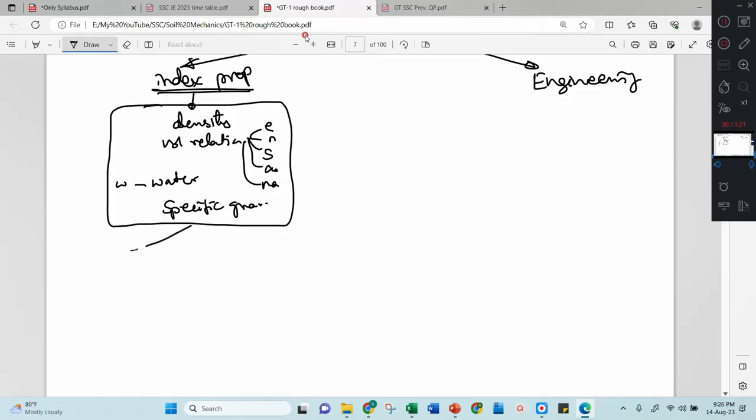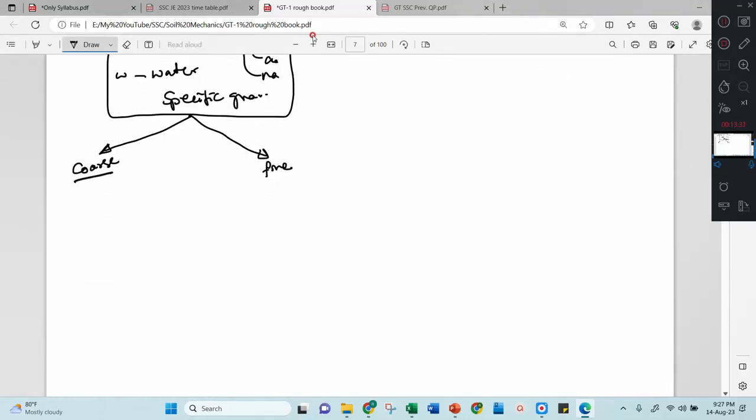Then after that we will divide soil into two parts. The first is coarse grained soil, coarse soil. The second is fine soil. Right? Coarse soil means a soil with bigger size particles.